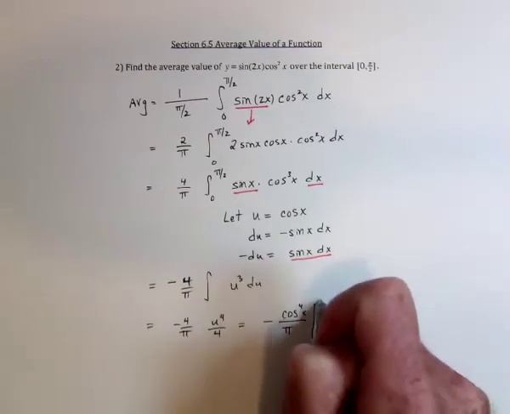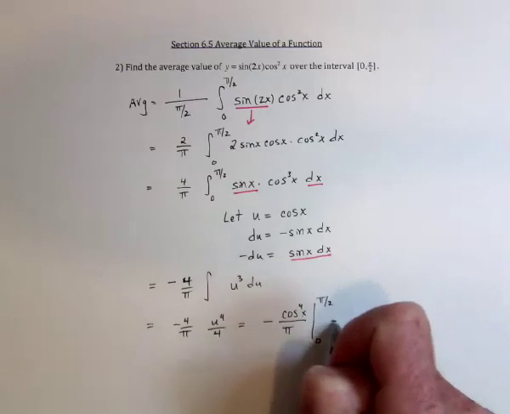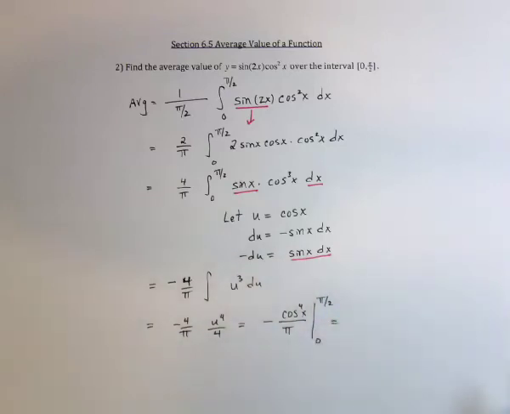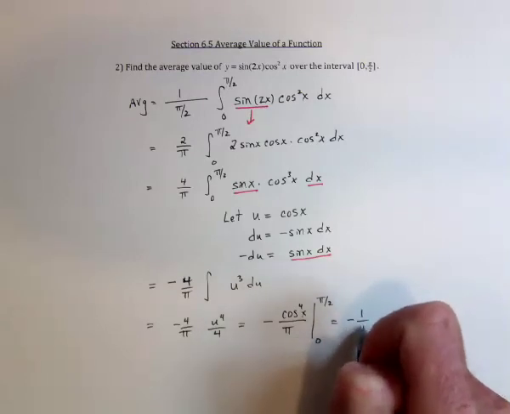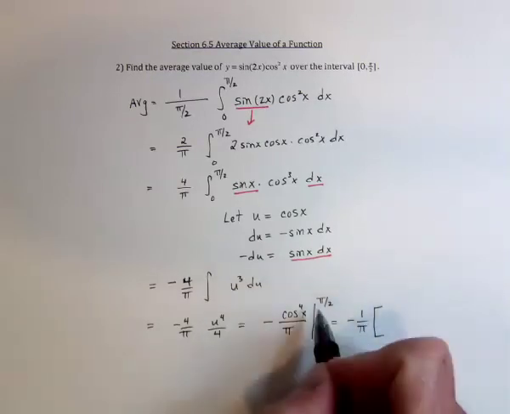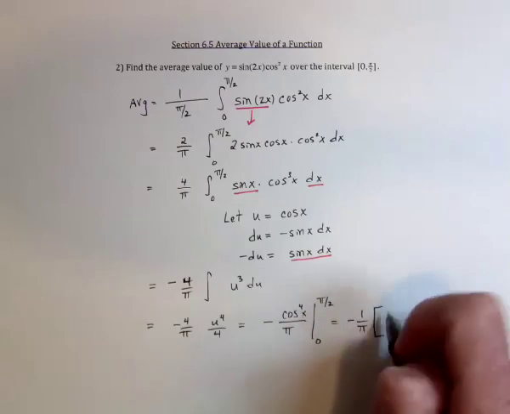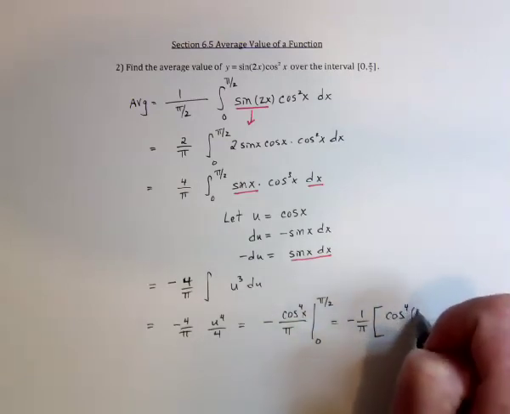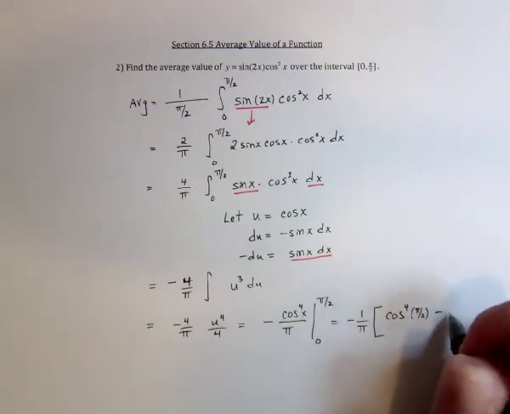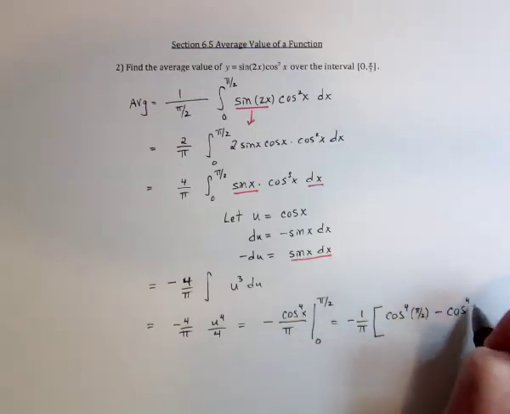Evaluated from 0 to pi over 2. So we could even factor out the 1 over pi and then just evaluate cosine at pi over 2, minus cosine at 0.